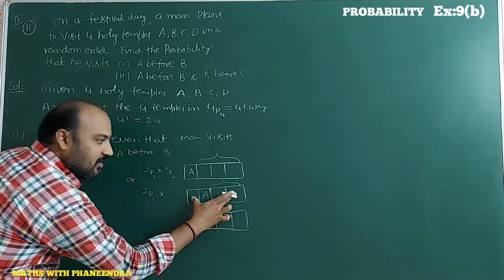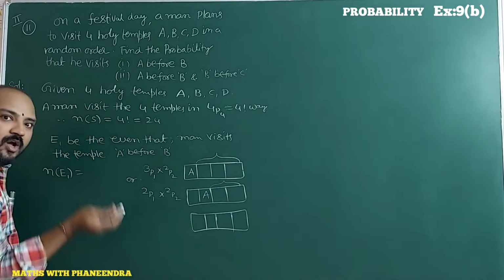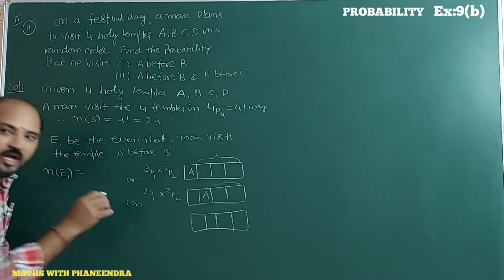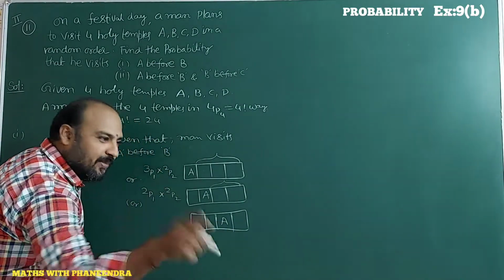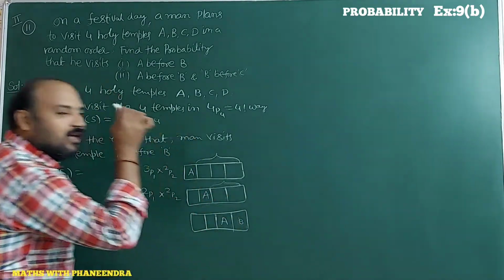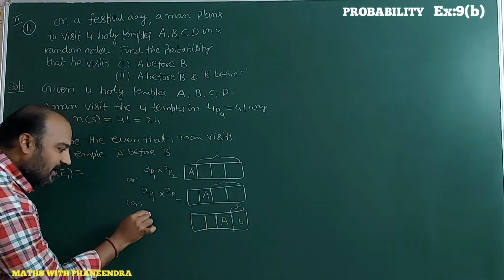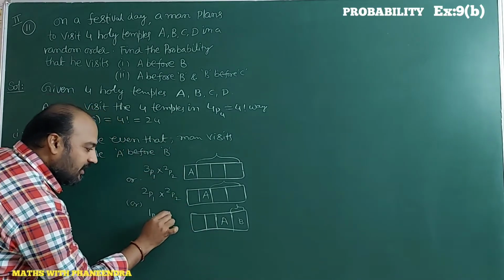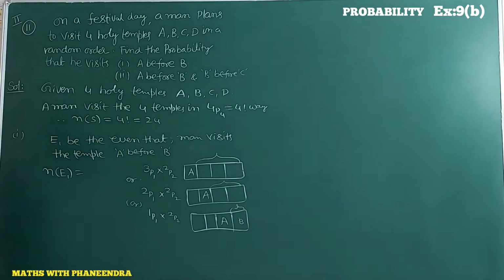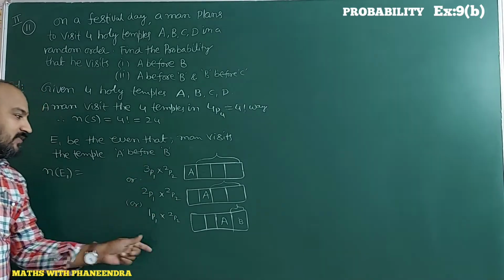And here we can accommodate the rest of the temples in 2P2 ways. Or another possibility also we have. Suppose if we take A here, B compulsorily should be here. So only one possibility is there here. It can be done in 1P1 way. The remaining 2 places can be done in 2P2 ways. So what are the possibilities? These are all, or means we can add all these values.